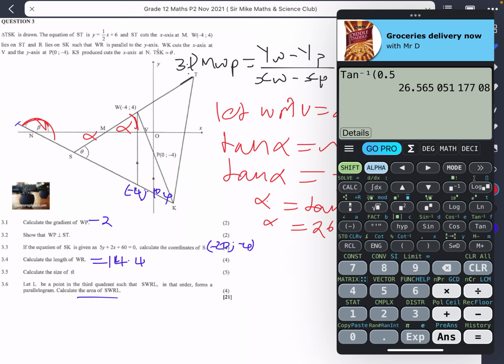So the gradient of that line, the value of m, is negative 12 over 5. To calculate that beta, I would say that tan of beta is equal to the gradient of that line, which is of SK.